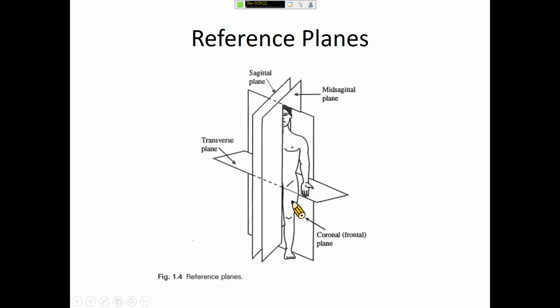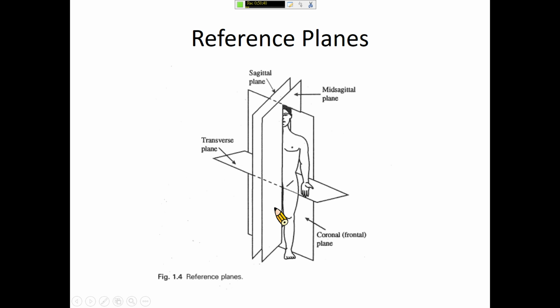When you try to describe where I put something on the surface of the thigh, this is not clear. When I put an EMG electrode on the thigh, you have to describe it exactly.